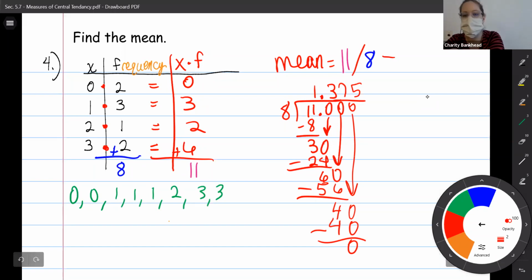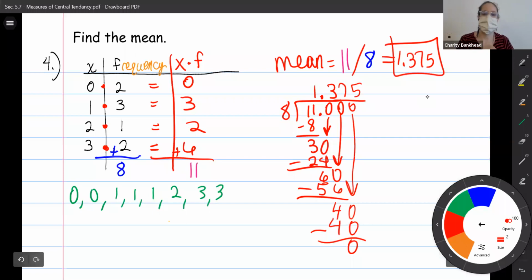So the mean is equal to 1.375. All right. Any questions about that?